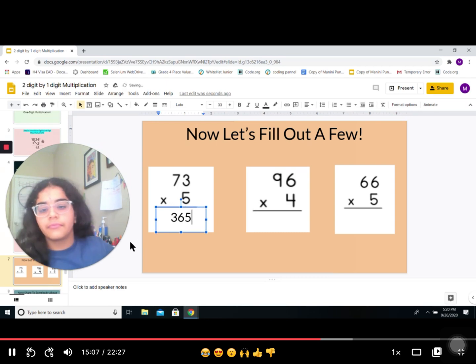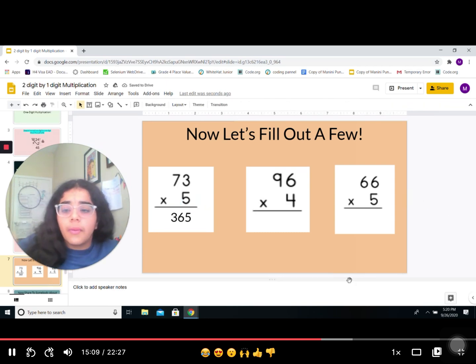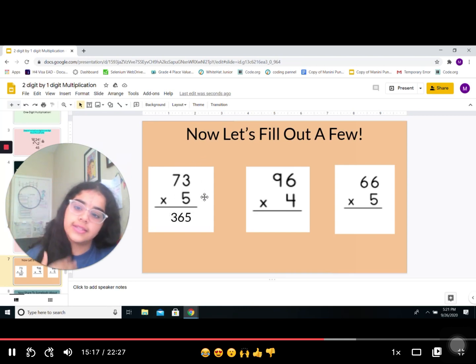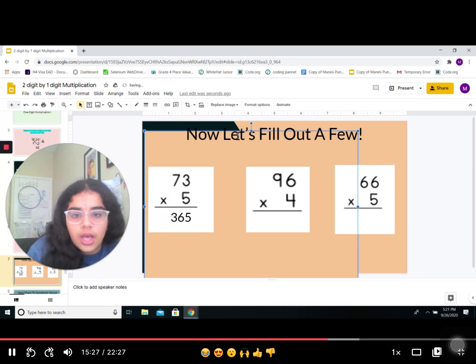365. So guys, remember the first step in regrouping is multiplying this, and regrouping only comes in if there is more than one digit. So 5 times 3 is 15, so 1 goes up here, as I said.